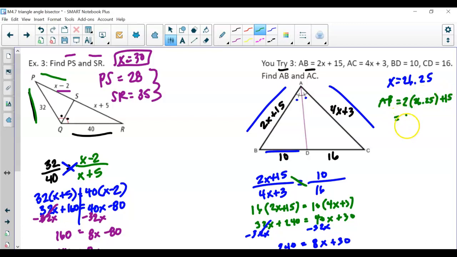So now you're at 67.5. So then here, AC, which was 4 times x, or 4 times 26.25 plus 3. So here you should have gotten, after multiplying, you get 105 plus 3 is 108. So AC is equal to 108.